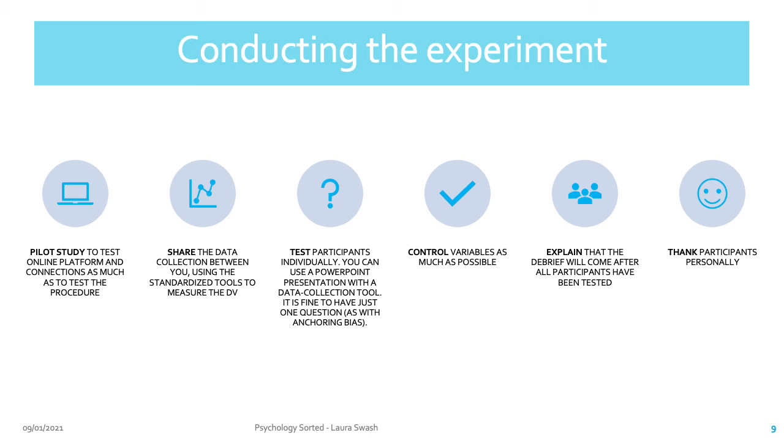Control the variables. Do not debrief each participant as you have finished testing them, because otherwise they are probably going to break the confidentiality and tell the others, and then you will have participant bias in the rest of your sample. Do thank them personally and explain that the debrief will come after all participants have been tested.